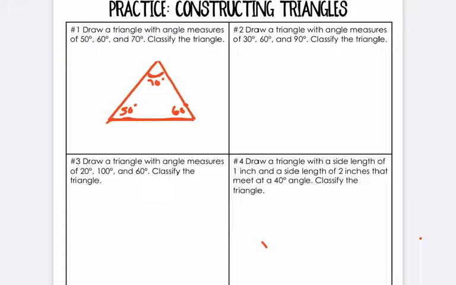Okay. All right, let's do a blue triangle this time. So here it says to draw a triangle with angle measures of 30 degrees, 60 degrees, and 90 degrees. So I'm going to go ahead and draw my straight line. Ooh, I love the blue. Looks beautiful.